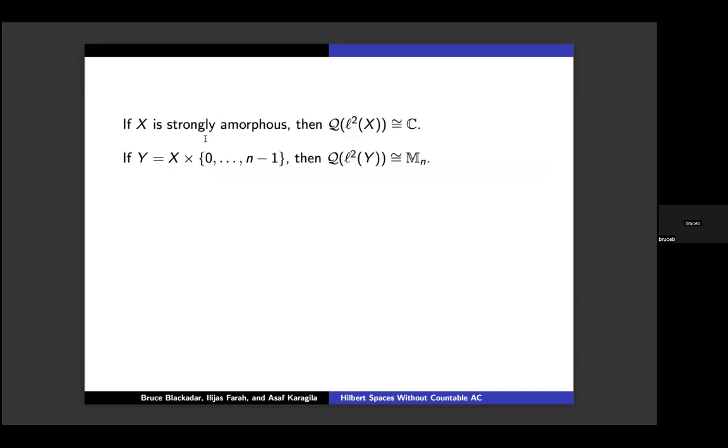So if X is strongly amorphous, then from that result about every operator being a finite rank perturbation of the identity, you get that the Calkin algebra of L2 of X is just the complex numbers, just one dimensional. And you can get the n by n matrices as the Calkin algebra of another set.